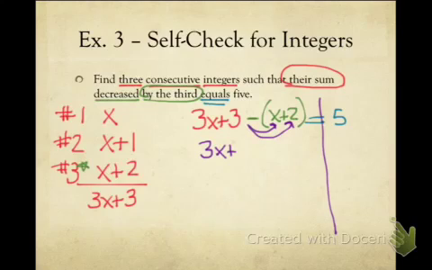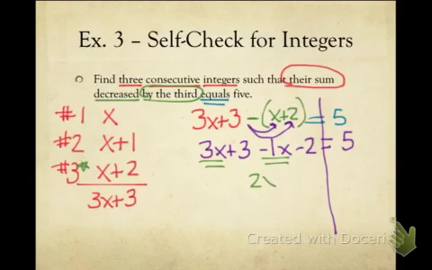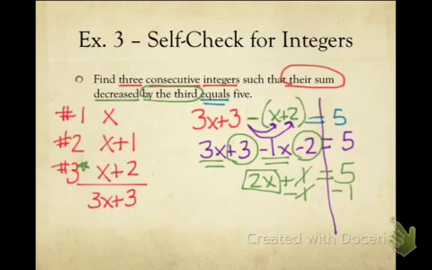Gives me 3x plus 3, a minus 1x, a minus 2 as I take the opposite of each term in the parenthesis, equals 5. From there, I'm going to combine similar terms, so 3x's take away 1x, positive 3 take away 2 gives me 1, and I'm just going to solve this now for x, moving the constant terms together, and then dividing by the coefficient so I get x to be 2.